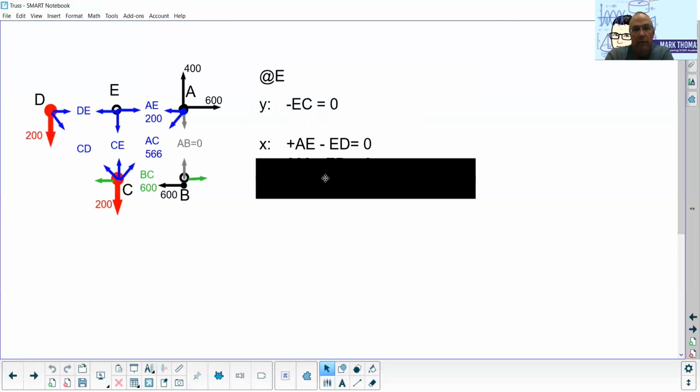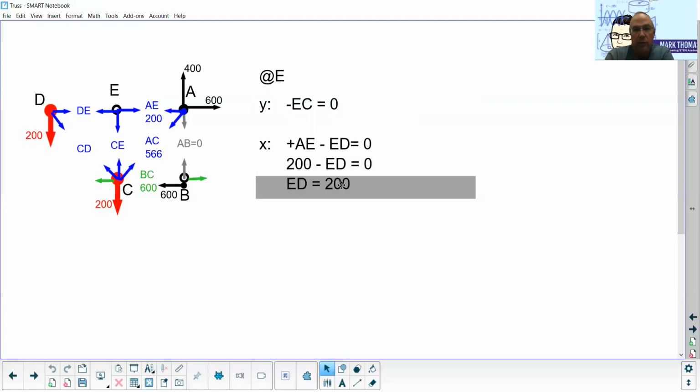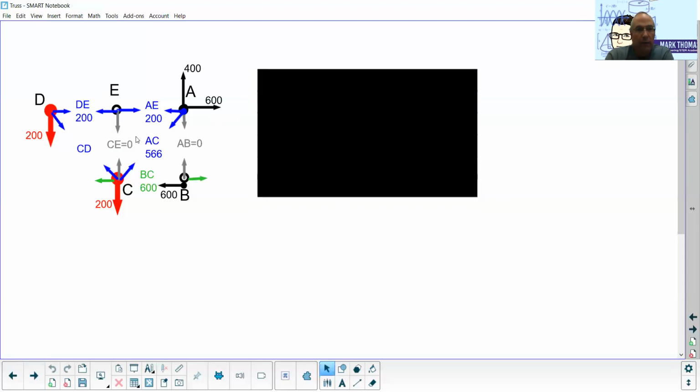I already know the value of AE. We plug it in and solve for ED. And so this value of ED or DE here is 200, positive. It'll stay in tension. So when we update our picture here, CE is 0, DE is 200. And before you know it, we've actually found 1, 2, 3, 4, 5, 6 of our member forces.